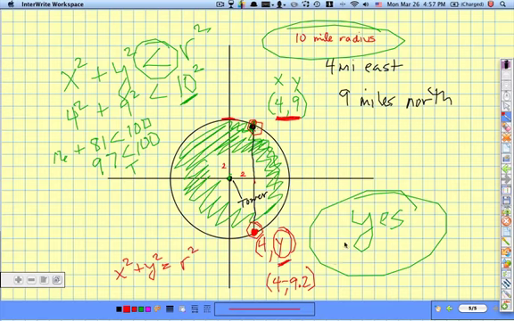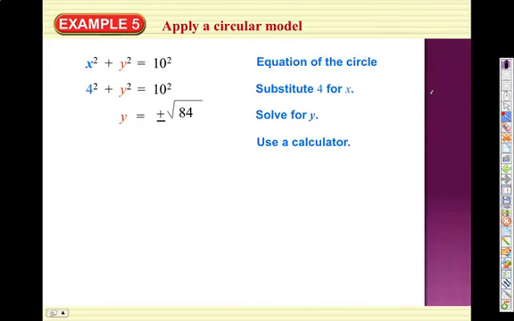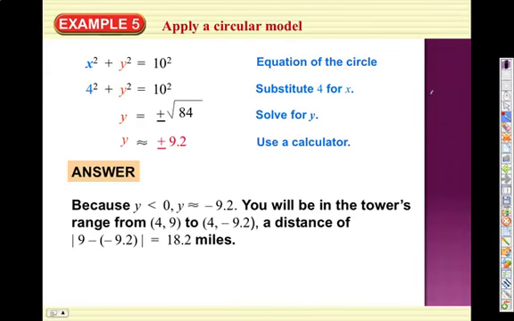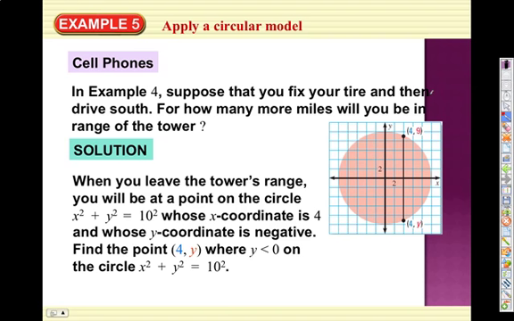So that's the distance. Let's go back and look at the slides. They don't explain too much, but let's go back to the picture. This is 4, 9. This is 4, negative 9.2. Find the distance between here and here.